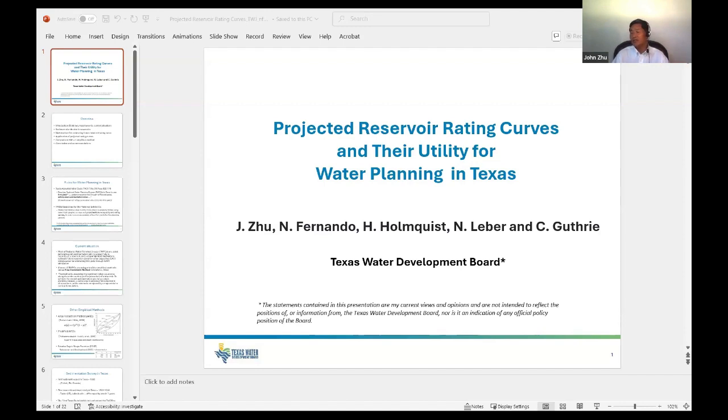The sedimentation is taking some of the volume down, so the owner hires a dredging company to dredge it. So I think this is also our future thinking: how can we solve this dynamic environment, dynamic problem?